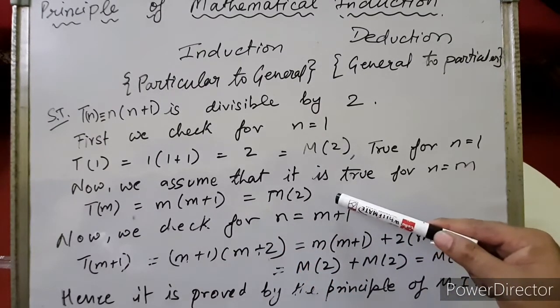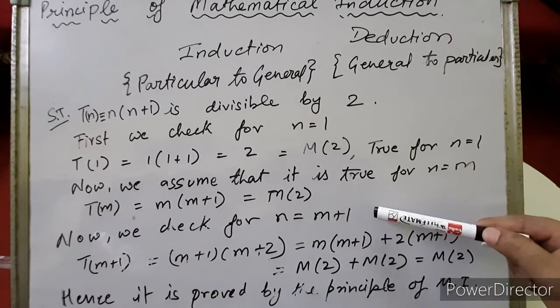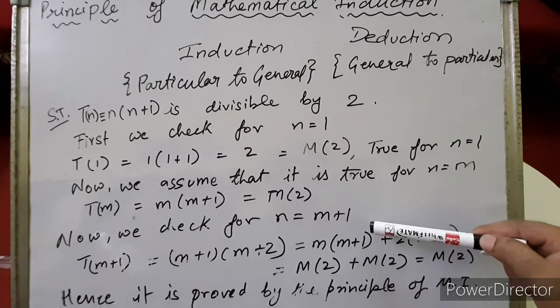This statement we have assumed, children. Right? Now we'll check for n equals to m plus 1. And if it is true for m plus 1, then we say that our mathematical statement is proved true by the principle of mathematical induction.